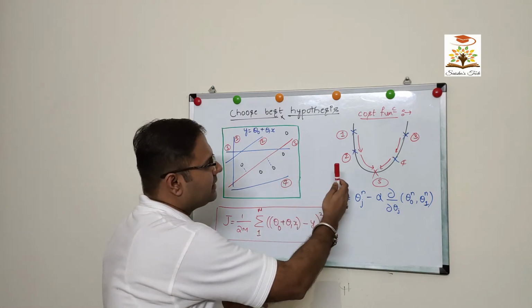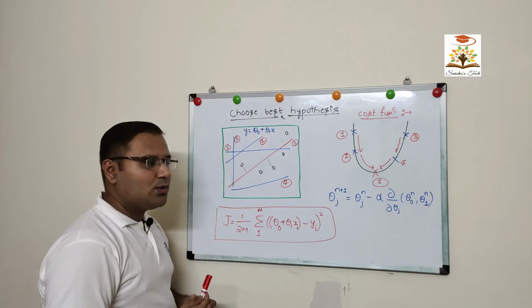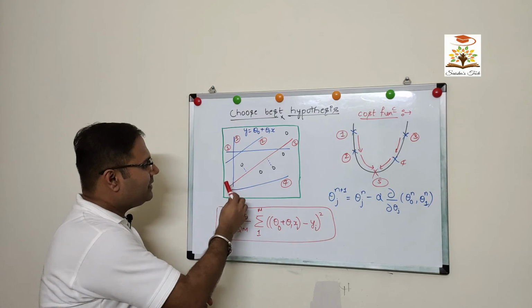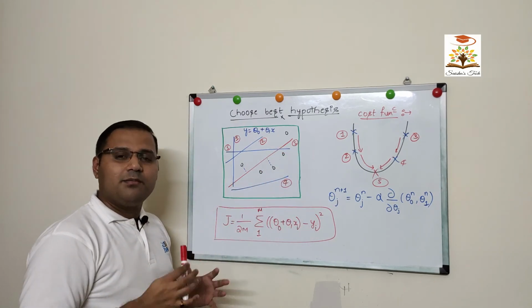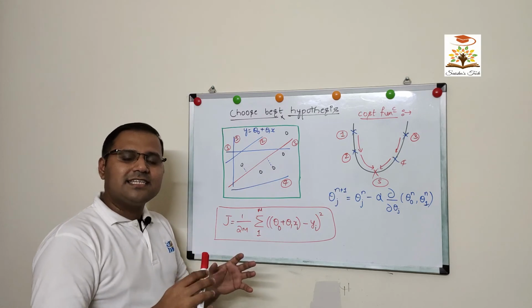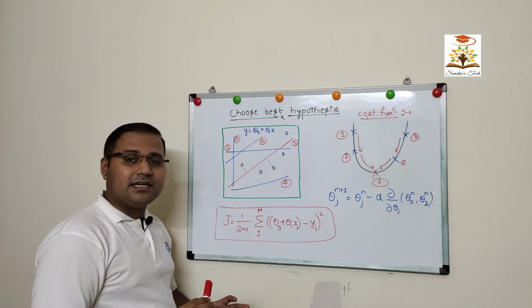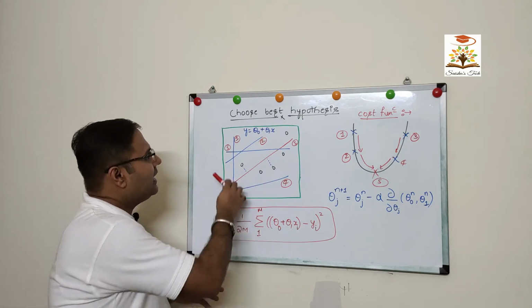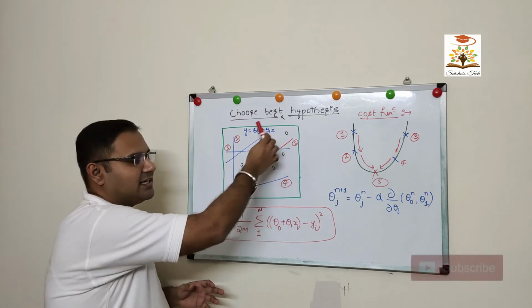We reiterate the same procedure at point 2 to arrive at point 5. Here point 5 is the best hypothesis line because it has the least error, that is, the residual error is least as compared to any other hypothesis line which is built for this data set.